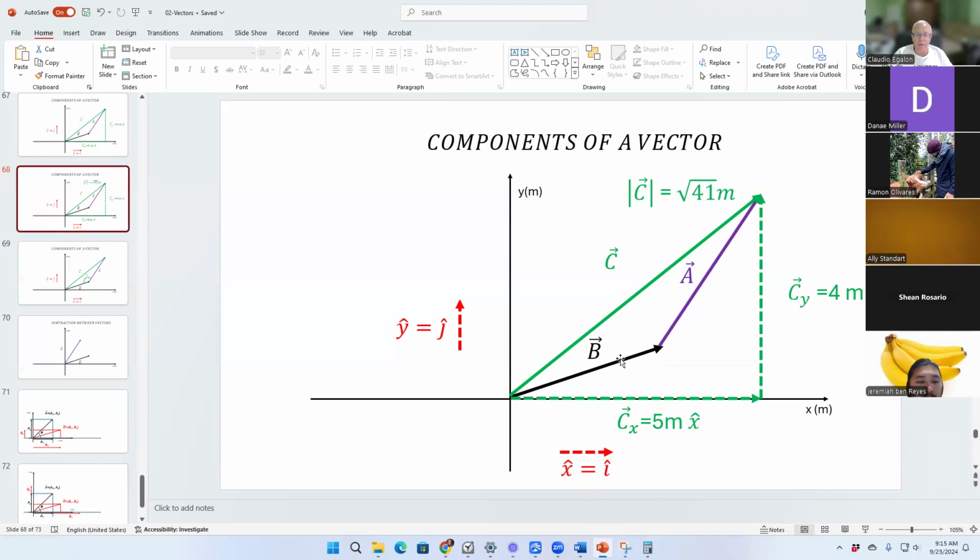The resulting vector c makes this angle right here. The tangent of this angle is going to be the magnitude along the y-axis divided by the magnitude along the x-axis. You can see that easily just by making those drawings.